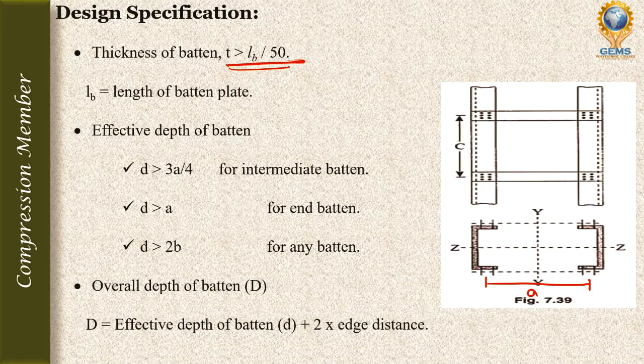B is the width of the flange. So the overall depth of batten is equal to the effective depth of batten D plus 2 times its distance. So this is the overall depth of the batten, and it is a design specification of the batten also.